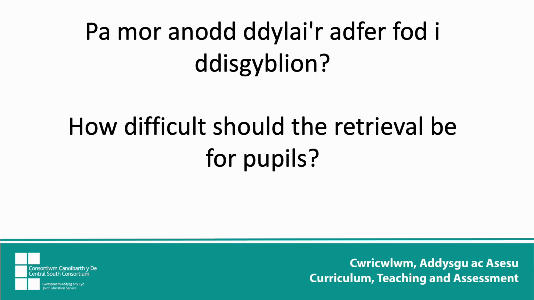A key consideration when implementing retrieval practice approaches should be how to determine the optimal task difficulty. If pupils are unable to retrieve information successfully, then it is unlikely to increase memory strength. However, the evidence is currently uncertain about the optimal level of challenge.